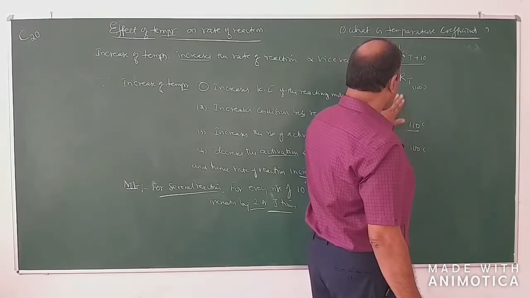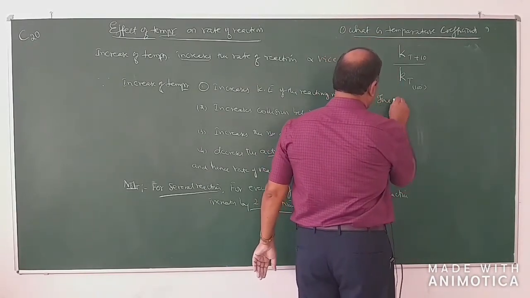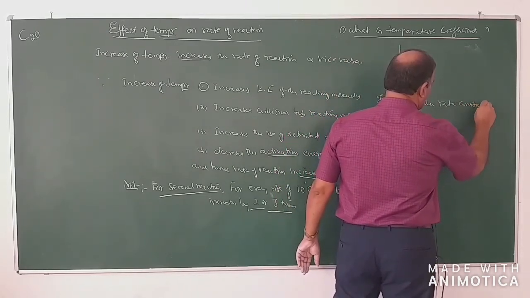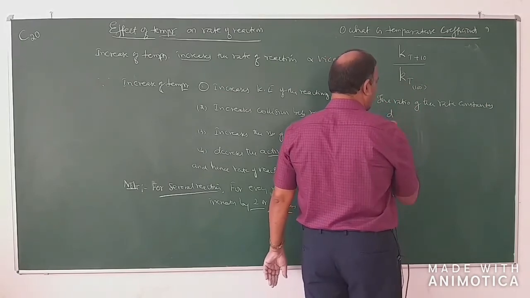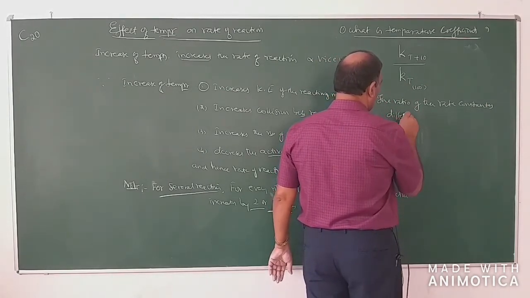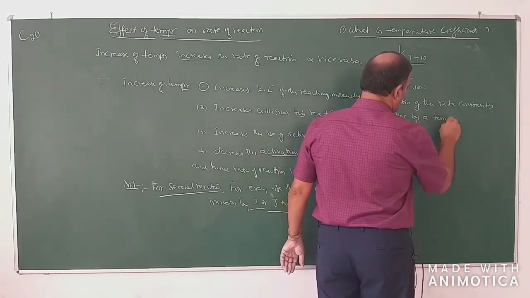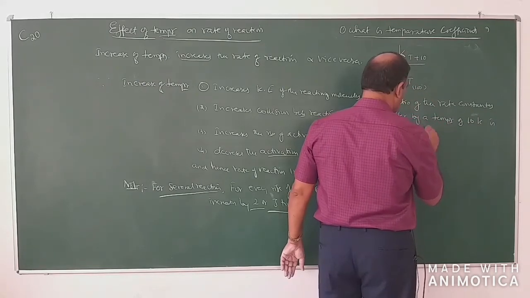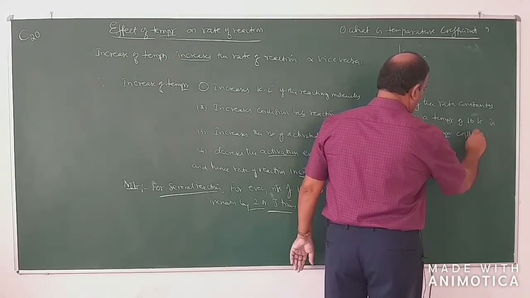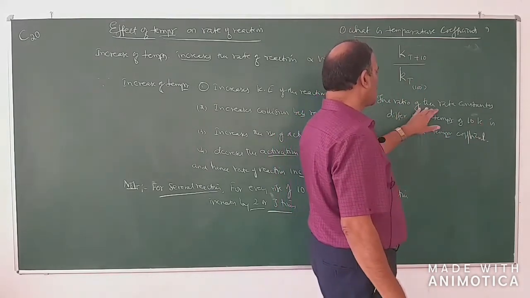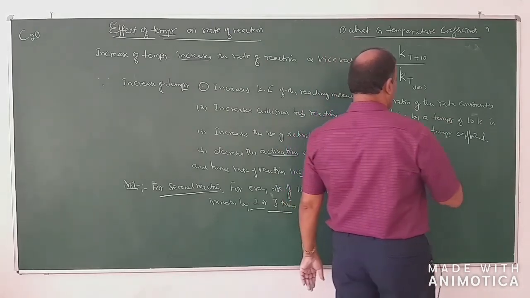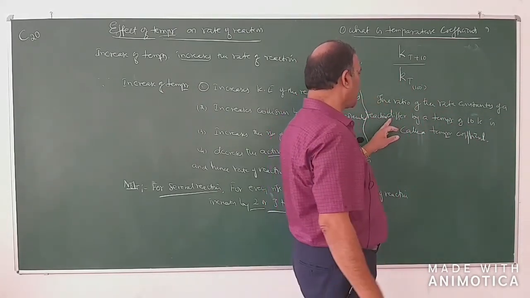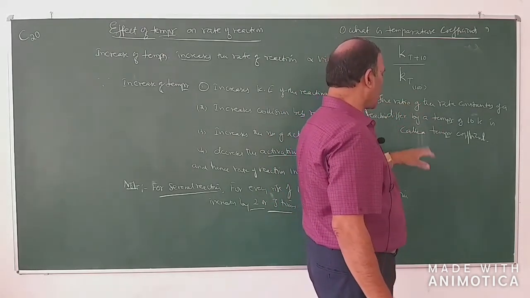So what is the definition? Write down: the ratio of the rate constants of a reaction differing by a temperature of 10 Kelvin is called temperature coefficient.